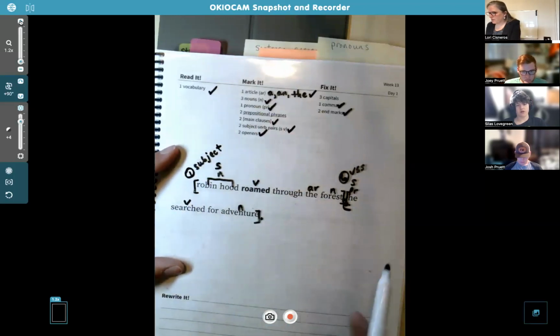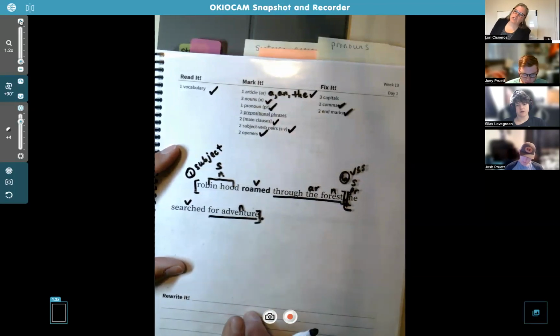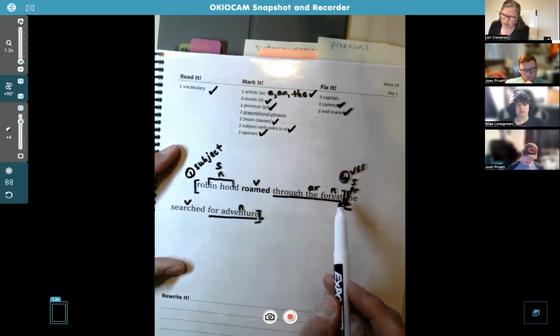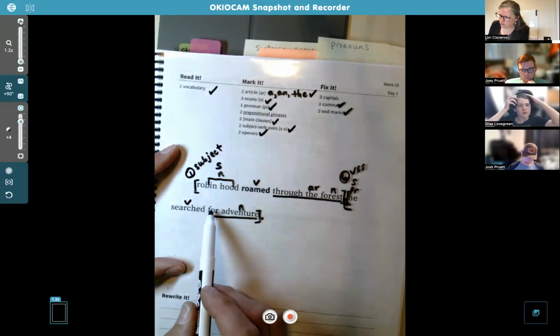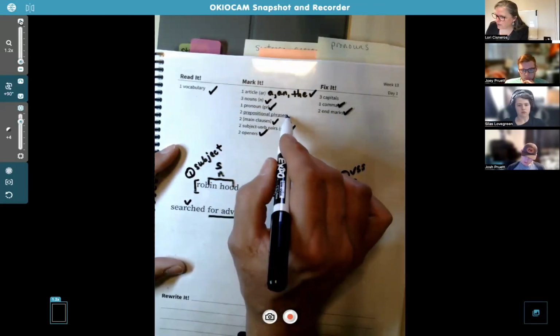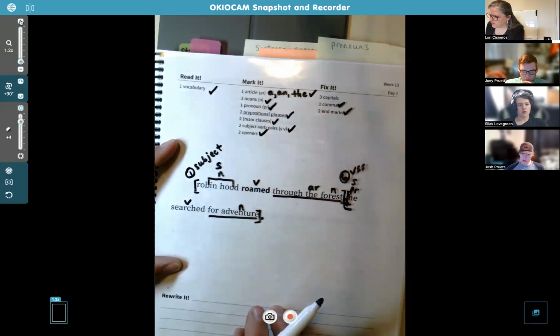So through the forest and for adventure. Yep. Exactly. So much easier to find it at the end like that. So through is the preposition, and then the phrase ends on a noun. Same here. For is a preposition, ends on a noun. And if you need to ever go back and look at what that list is, there's one in the back of your book too, of all the different prepositions.